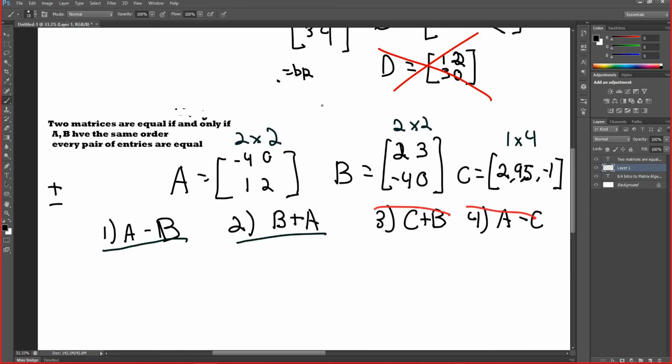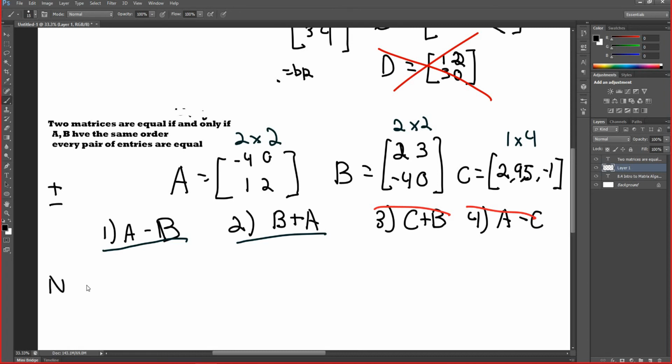So I'm going to repeat that because I forgot to keep recording. So 1 and 2 are correct, as Min was saying. A is a 2 by 2 and B is a 2 by 2. So they have the same order. 3 and 4 don't work because A and B are 2 by 2s, but C is a 1 by 4. So different orders cannot be added or subtracted.